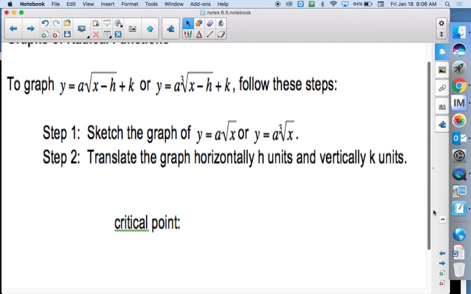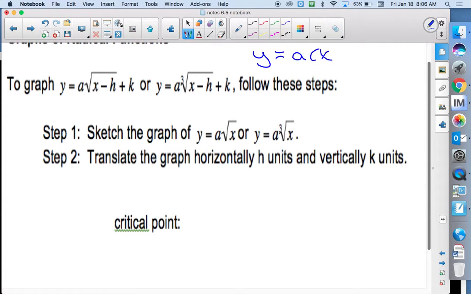So it says to graph y equals a times the square root of x minus h plus k, or y equals a times the cube root of x minus h plus k. Follow these steps. If you go back into your mind, we graphed parabolas in this same format.